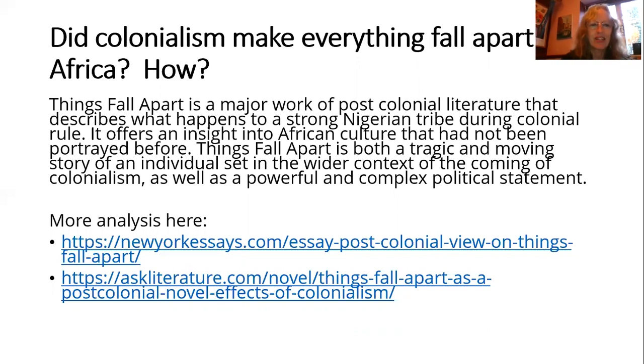Okay, so this book describes what happens to a strong Nigerian tribe, an insight into African culture, a tragic and moving story of an individual set in the wider context of the coming of colonialism, as well as a powerful and complex political statement. That's a very, very brief summary of Things Fall Apart.